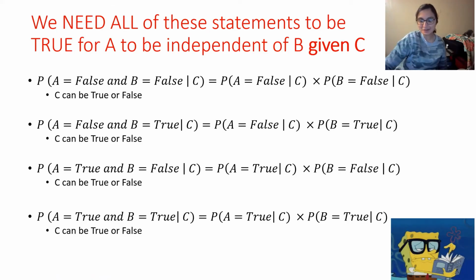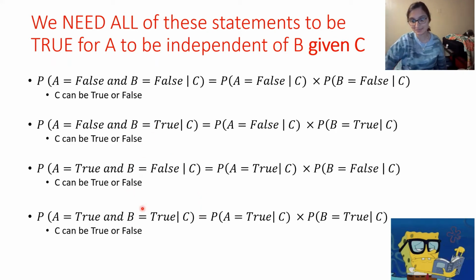So now, going back to the original equation here. We just need these statements to be true. So there were these 4 statements from before, and now we just need to understand that C can be true or false for each of these.